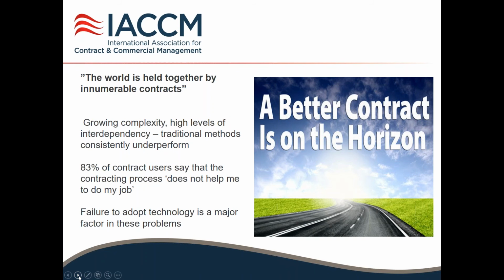Indeed, it's the second time in 7 years that the Nobel Prize for Economics has been awarded for work on contracts. Now, that's important from a number of perspectives, but I particularly reflect today on the opening statement from the awarding committee, where they made the observation: the world is held together by innumerable contracts.